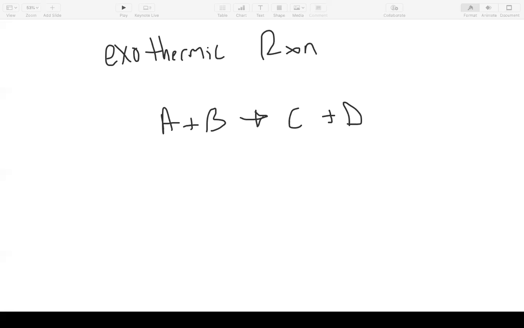If I were to lower the heat in an exothermic reaction, would it shift to the left or to the right? Or would there be no change?